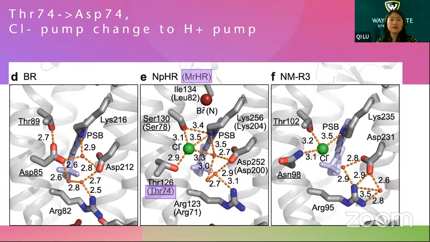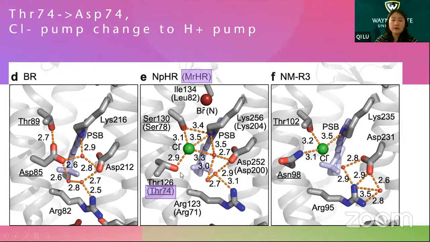In MrHR, a single mutation at serine 74, which as we discussed in previous slides is quite similar to aspartate 85, changed to aspartate, a negatively charged amino acid residue, can change the whole chloride pump into a proton pump.